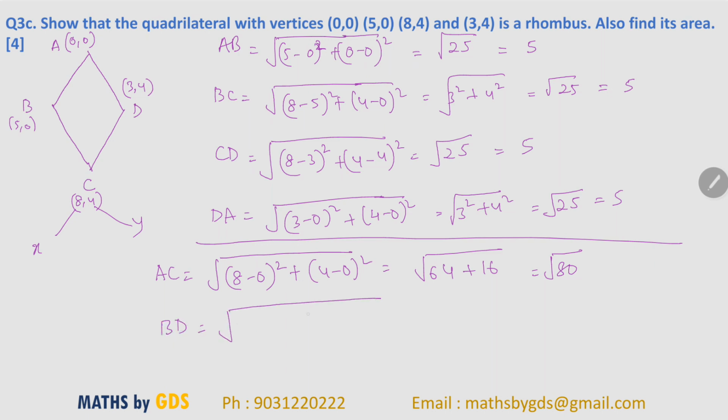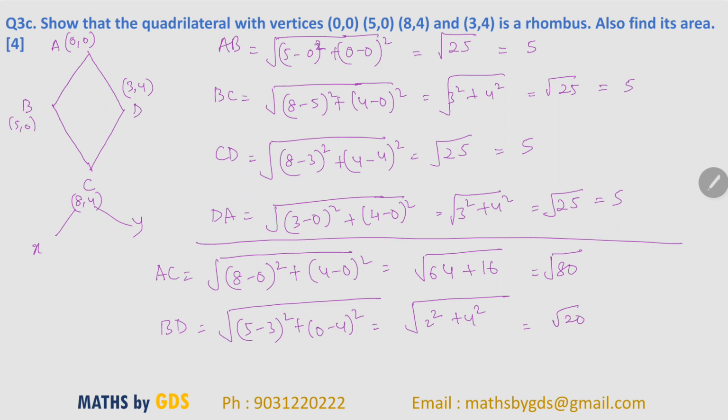BD is under root of (5 minus 3) whole square plus (0 minus 4) whole square, which is 2 square plus 4 square, which is 4 plus 16, under root of 20.